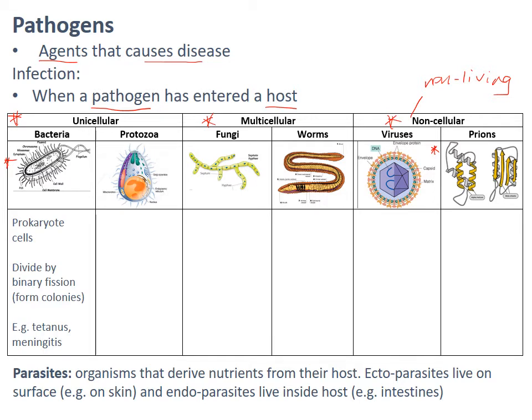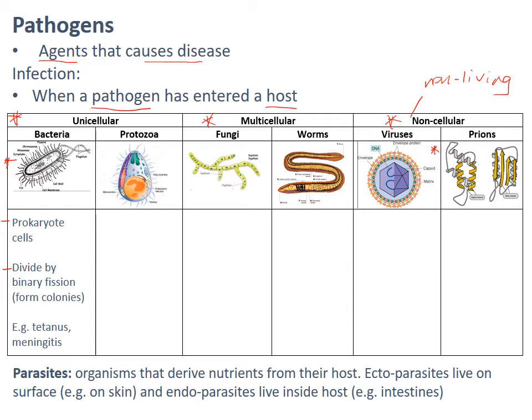So bacteria are prokaryotic cells. You looked at this in year 11, so they are simple unicellular cells, and they don't have membrane-bound organelles. They divide through binary fission, and we'll quickly recap that in the next couple of slides as well.